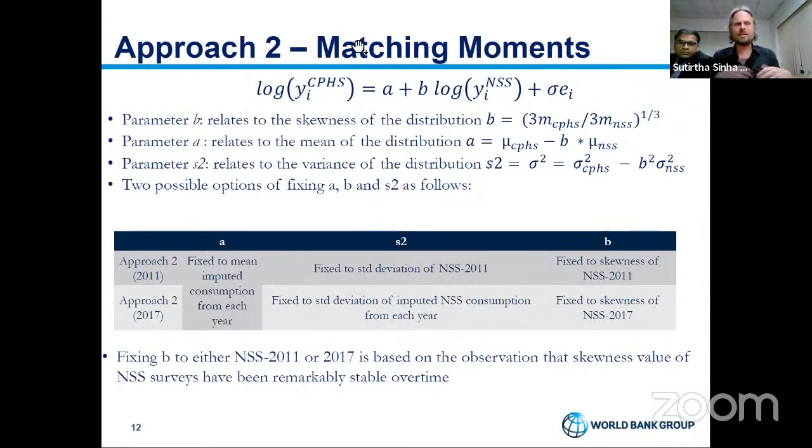If we did have a random sample of households that received both the CPHS expenditure questionnaire as well as the NSS expenditure questionnaire, then we could indeed implement MLE or OLS to estimate this relationship. But the fact that we don't have that, and that households between the CPHS and the NSS cannot be linked, means we have to resort to something like methods of moments estimation.